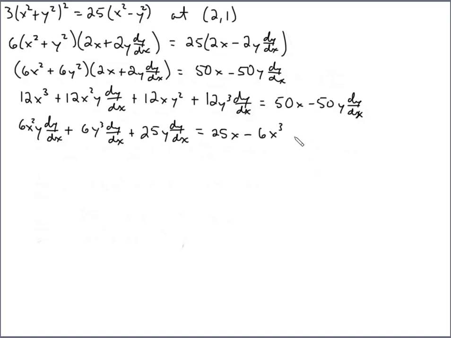This term here, minus 6x y squared. We brought all these dy/dx's to the same side so that we could factor out the dy/dx. Once we do that, we're left with 6x squared y plus 6y to the third plus 25y. Right side stays the same.